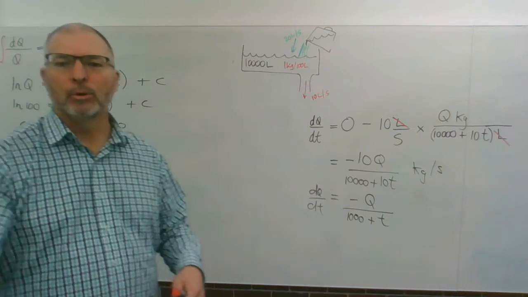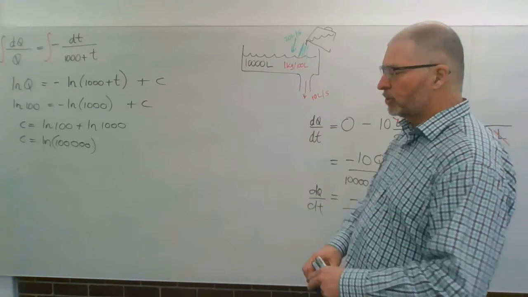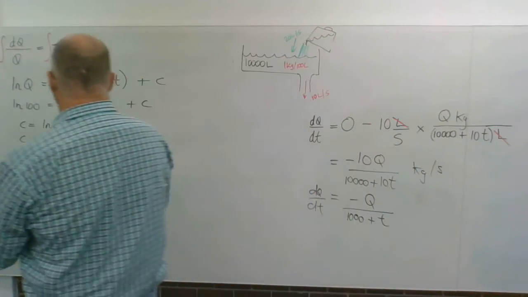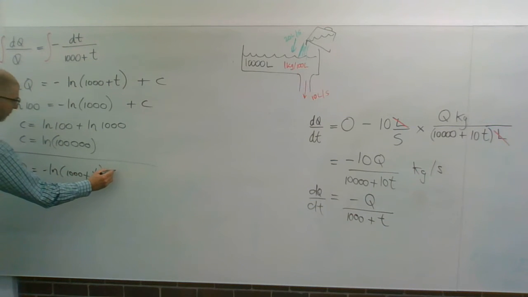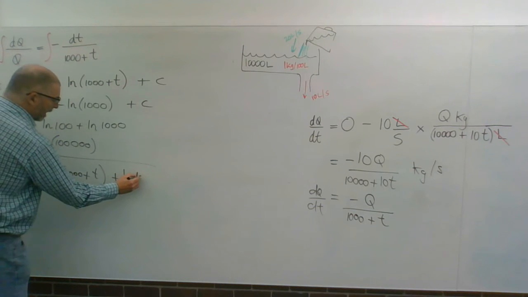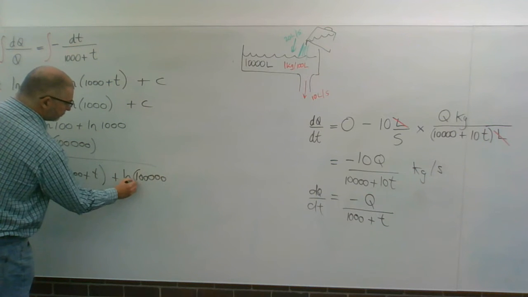So now we're able to pop that back into our equation up here, and we get that the natural log of Q is equal to minus the natural log of 1,000 plus t plus the natural log of 100,000.